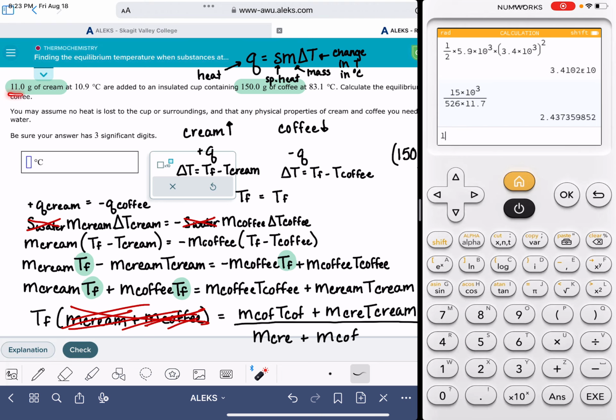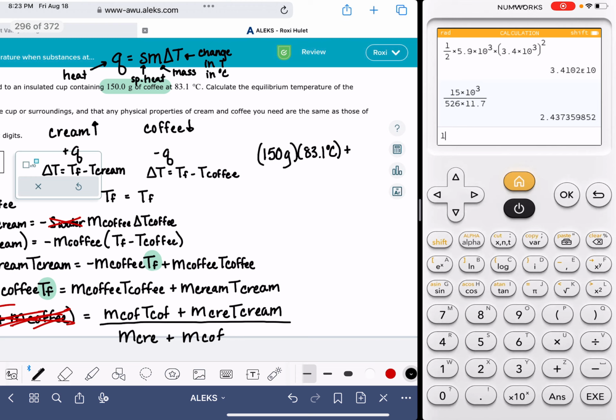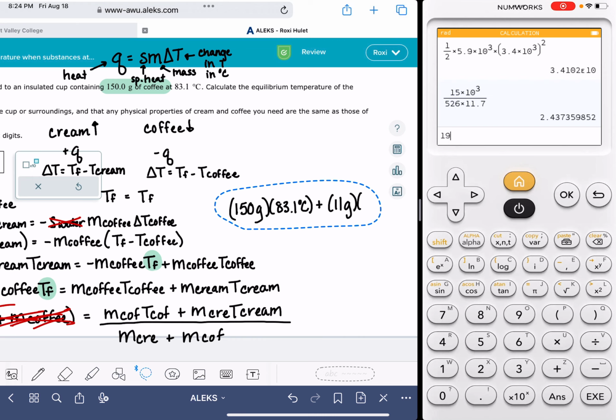So the mass of the cream is 11 grams and the temperature is 10.9. Move this down a little bit, 11 grams and 10.9 degrees C.